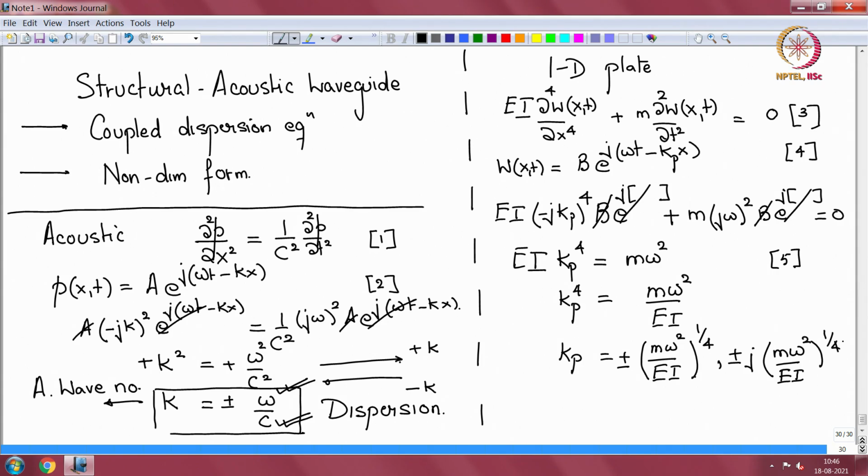Okay. But let us just focus on the positive value here. Okay, so that is the one we are interested in, m omega square by EI. Okay, while we are at it, why don't I explain the 4 roots.